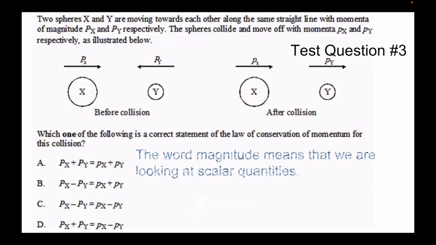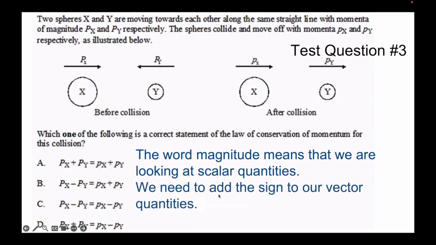Well, in this case, when we're talking about these 2 spheres, the word magnitude means that we're looking at scalar quantities of them. So this is kind of an interesting question. We need to add the sign to our vector quantities. So whether they're going right or left, we really need to put in those vector quantities now.